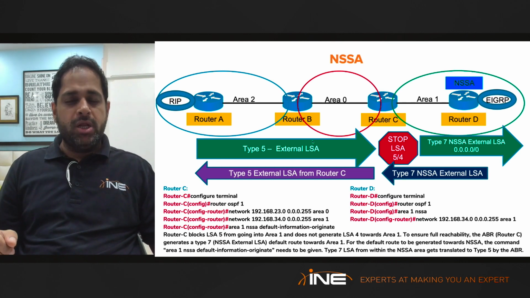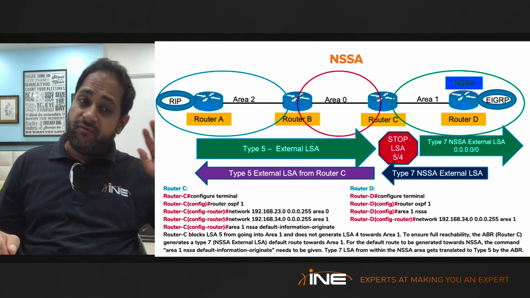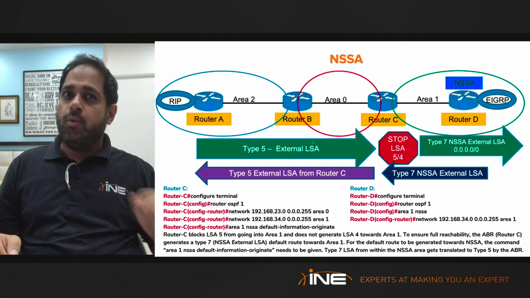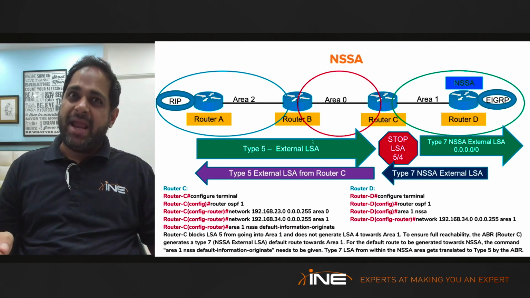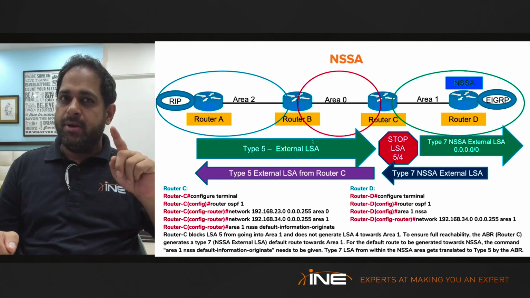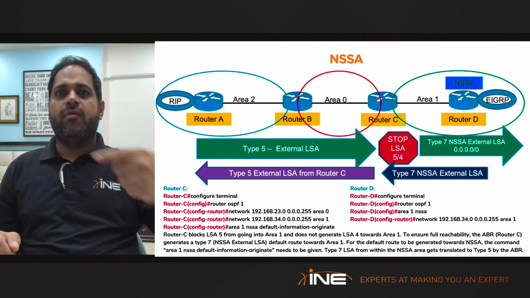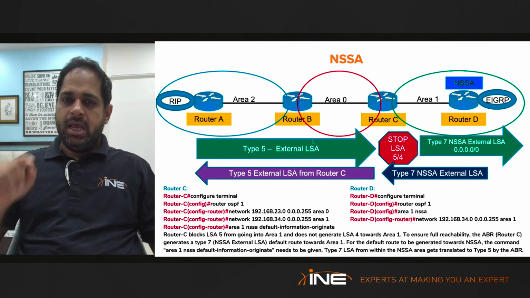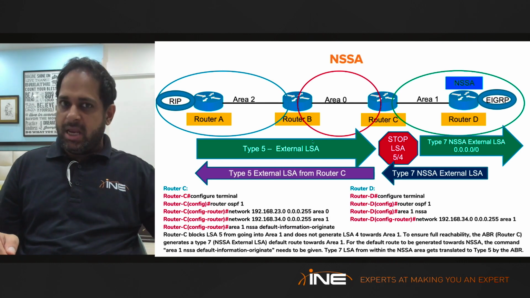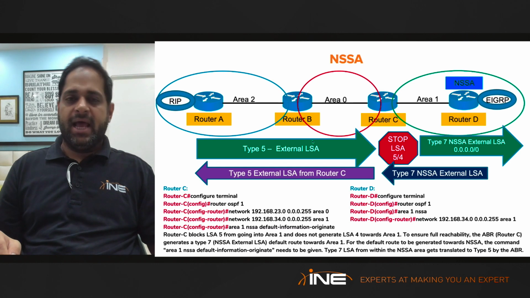So would router D be able to reach the route of router A? No. You know why? That's the main difference between stub and not so stubby. In stub, the ABR blocked 5 and 4 but sent a default route as type 3. In not so stubby, the ABR blocks 5 and 4 coming into the area but does not generate a default route as type 3.